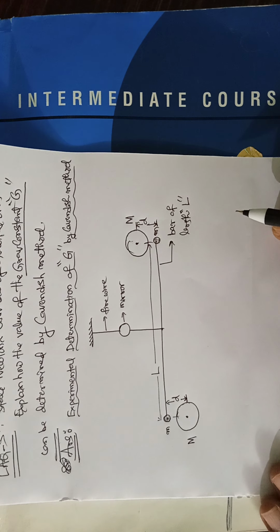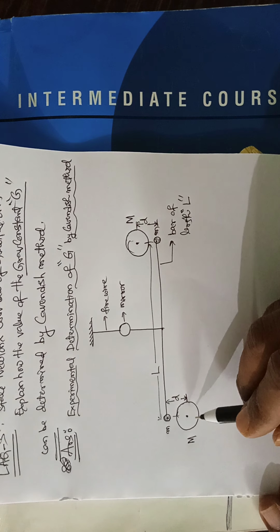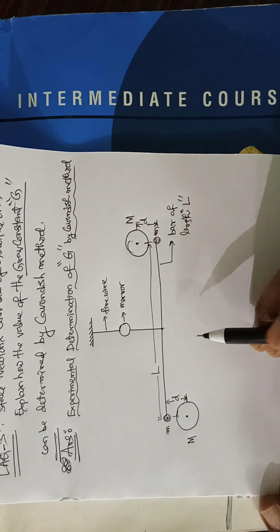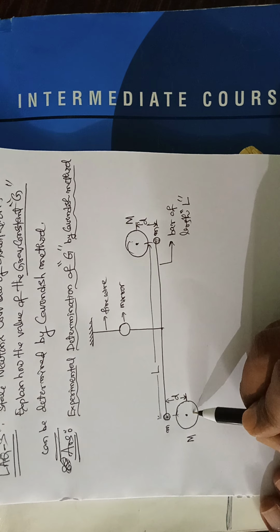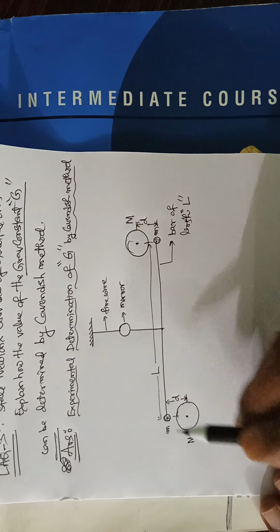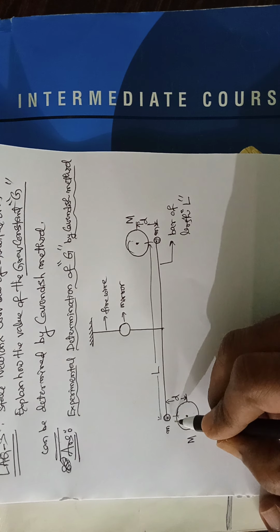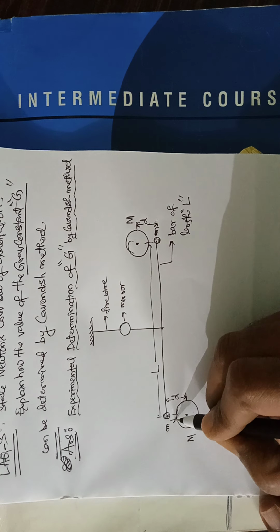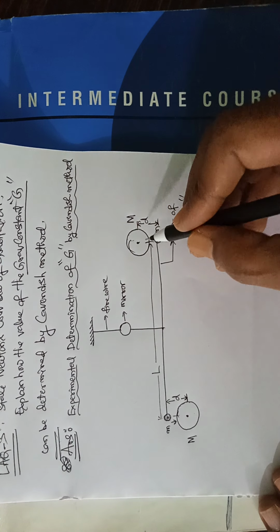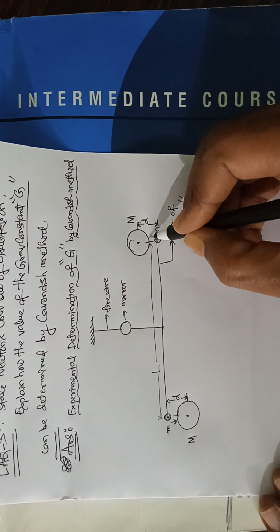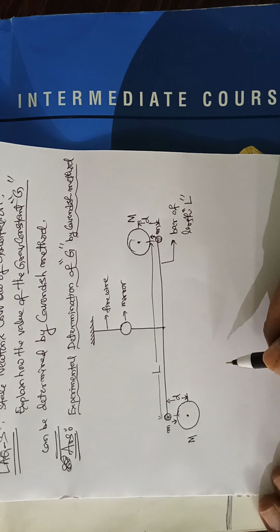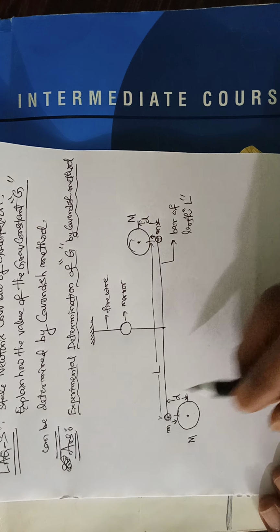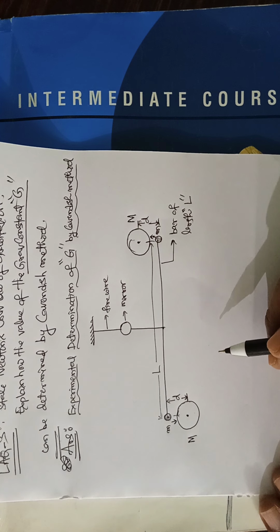So when you keep large lead spheres just beside the small lead spheres, what happens? The large sphere attracts the small sphere. So immediately this bar gets deflected.